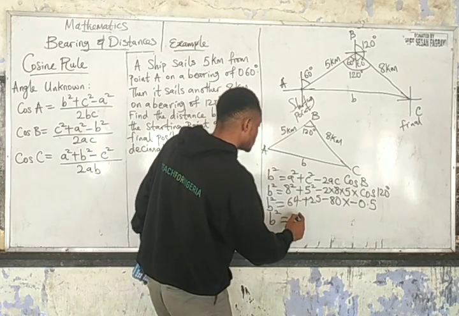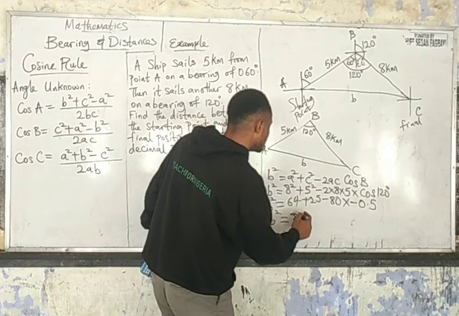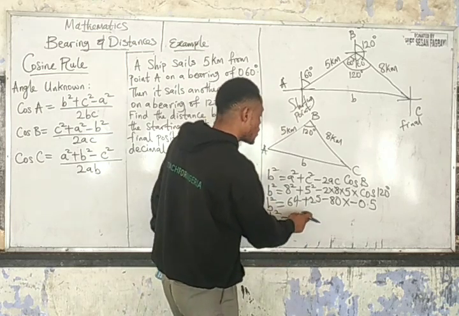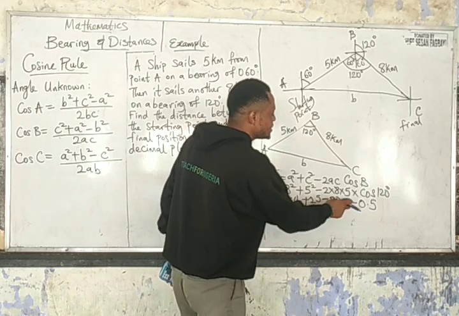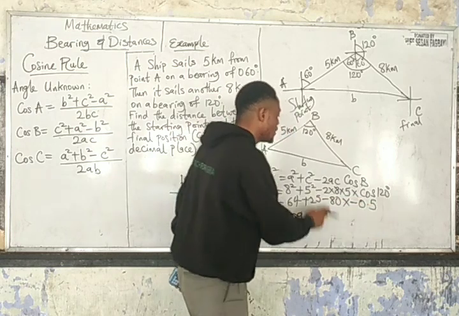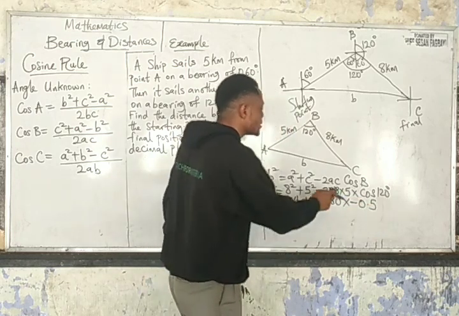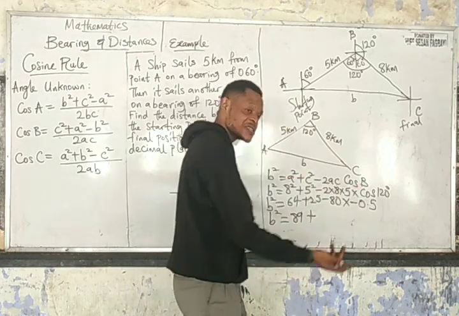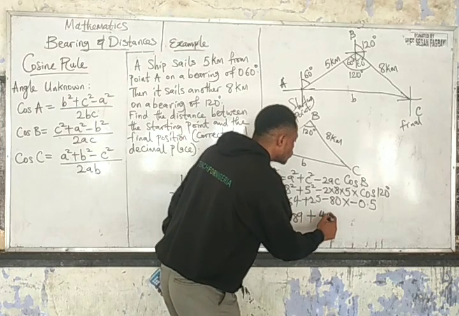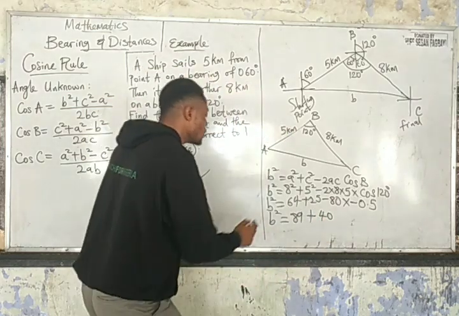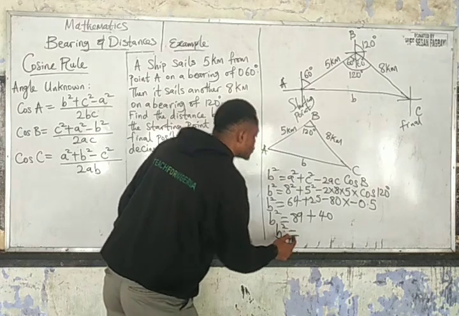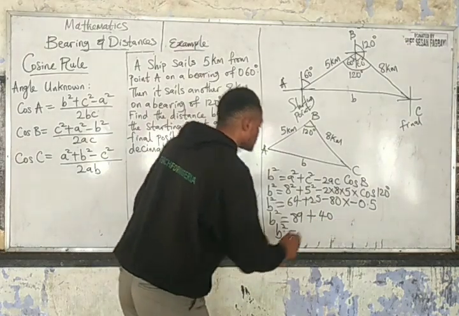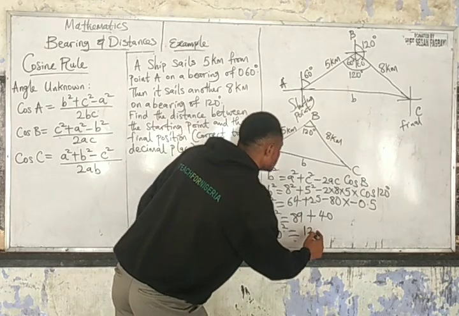That's going to give us 89 minus, it's not even going to be minus because we have minus 80 times minus 0.5. Minus times minus will give us plus. 80 multiplied by 0.5. You may punch your calculator, but 0.5 is half, so technically it's going to end up to be 40. So the B squared is going to be equal to 89 plus 40. That's going to be 129.